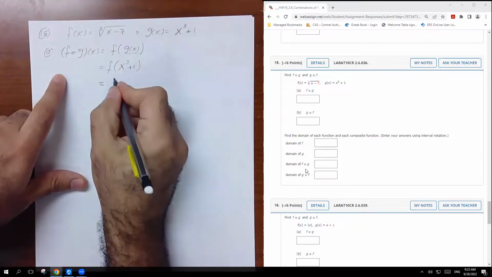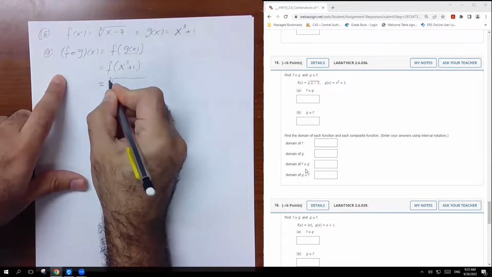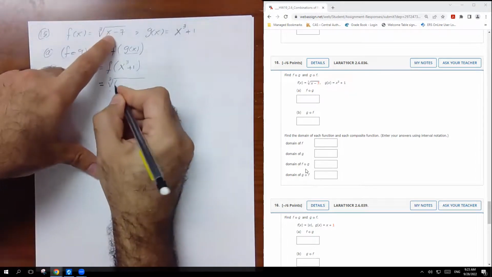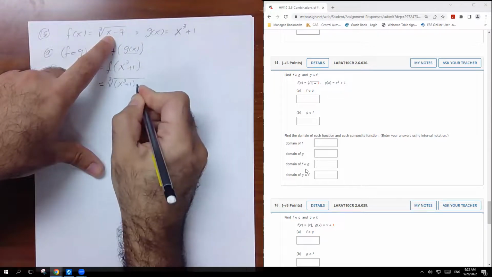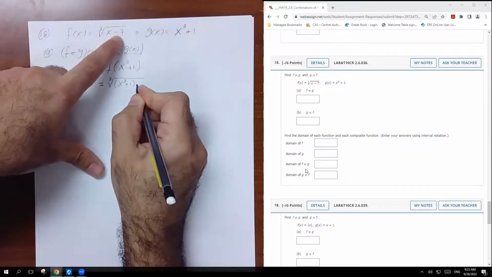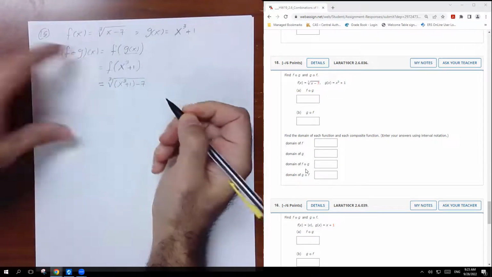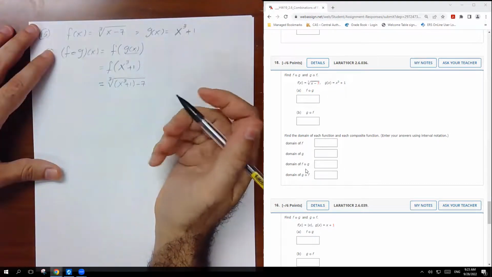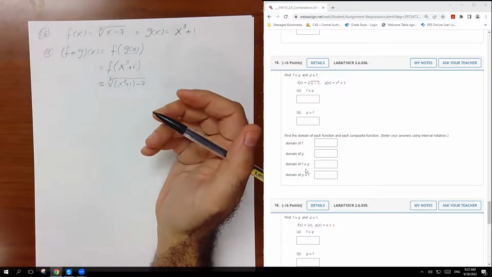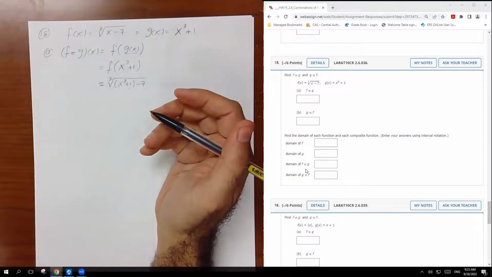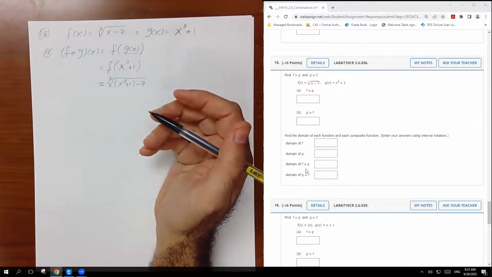So here is the F function. Here is the X. Instead of this X, I'm going to put X cubed plus 1 and minus 7. Let's see. I don't think we can simplify it. So we have to keep it like this, because we can't simplify this one.